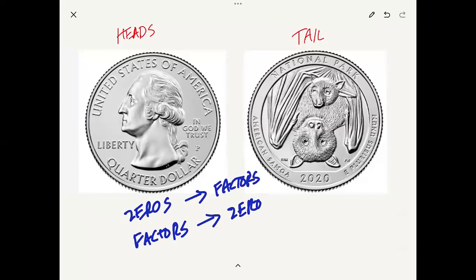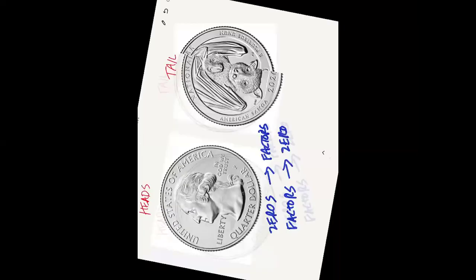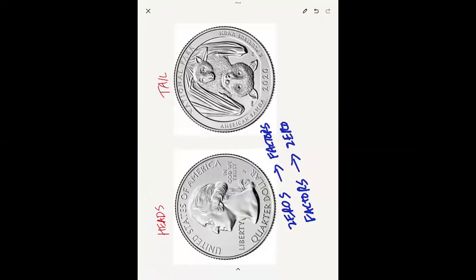Now, the reason that's important is once we see the expression that they want us to factor, we're going to make it into a function, and then we're going to find the zeros, and those are going to be our factors. All right, so let's go. So I'm going to do an example now. On the screen, we have: factor 36 minus 4x squared completely.